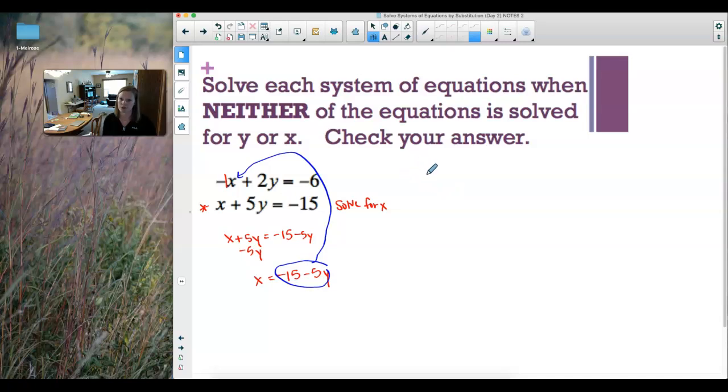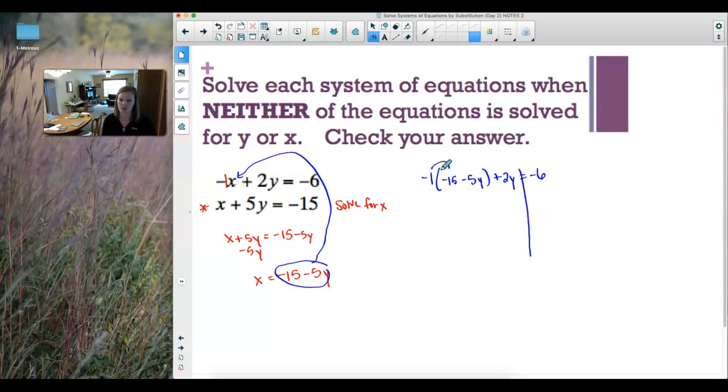Now you have to be careful here. Don't forget about the negative sign in front. So I have negative 1 times (negative 15 minus 5y), that's in parentheses, plus 2y equals negative 6.